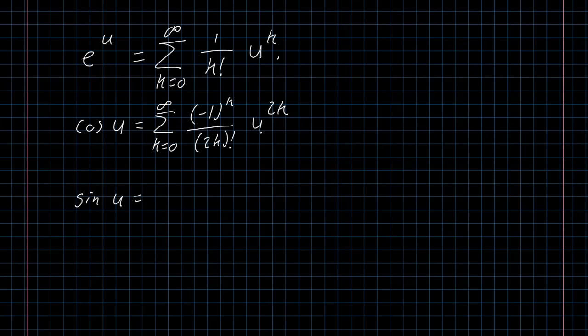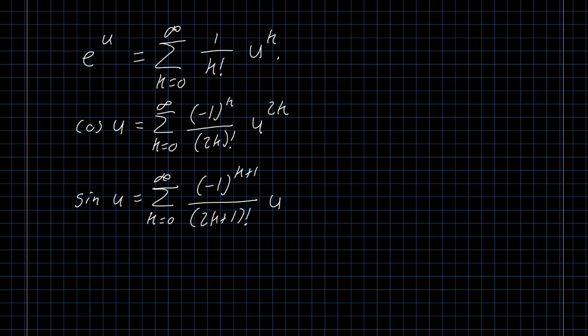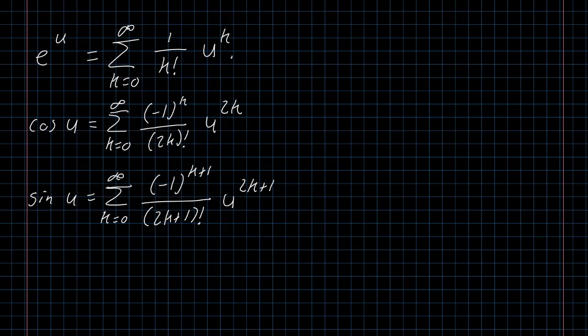The power series for sine of u is the sum, k goes from 0 to infinity, of -1 to the k plus 1 power all over 2k plus 1 factorial times u raised to the 2k plus 1 power. Slide those over a bit to make room for a couple more.